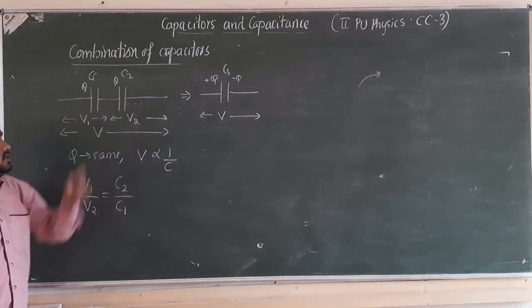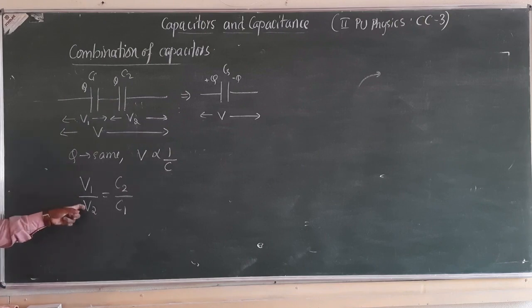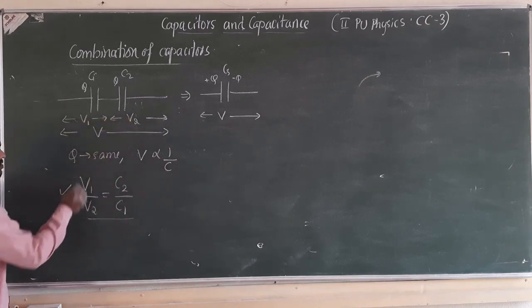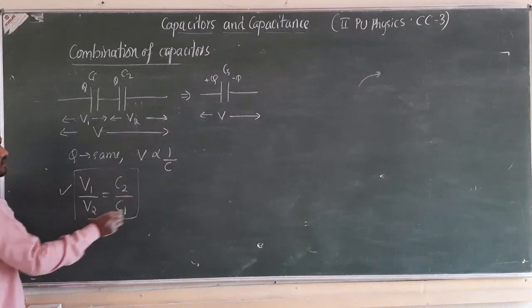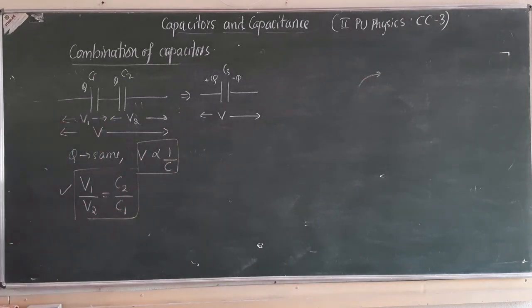If C1 to C2 is in 1:2 ratio, then V1 by V2 will be 2:1. So to calculate the potential across each capacitor, you can use this condition. Potential is inversely proportional to capacitance in series combination.